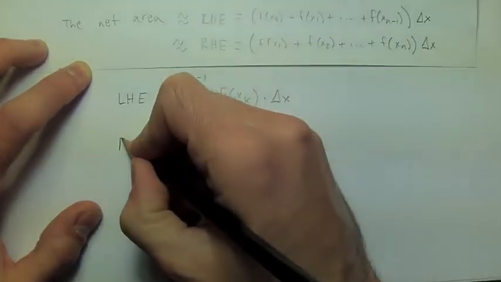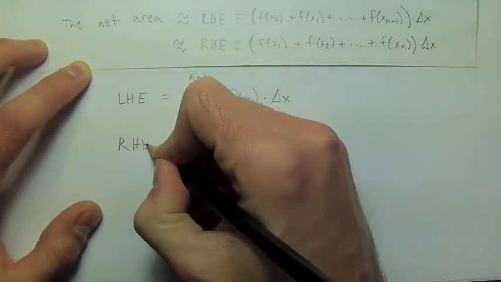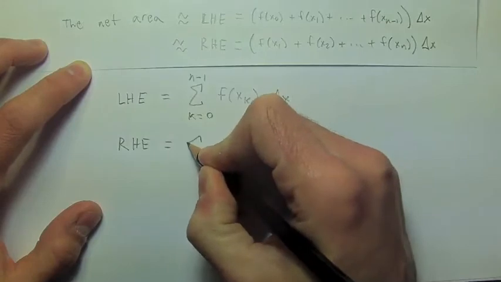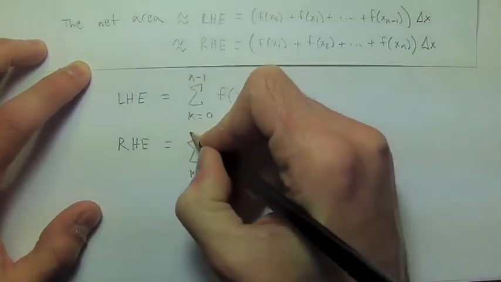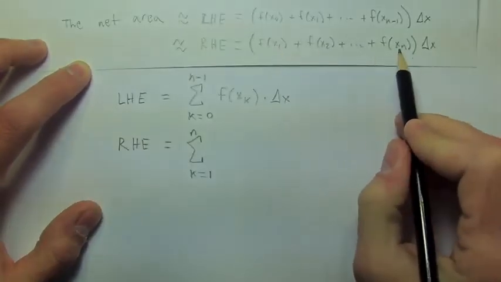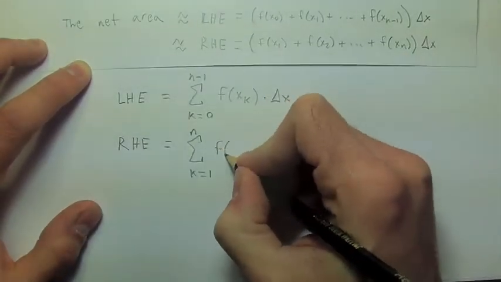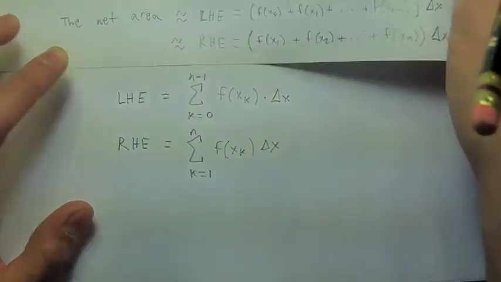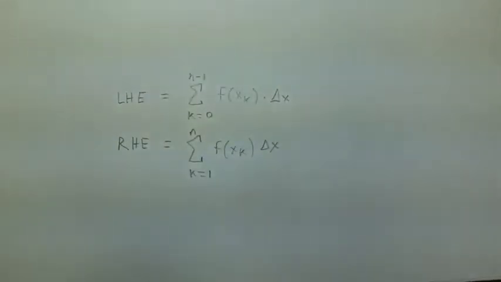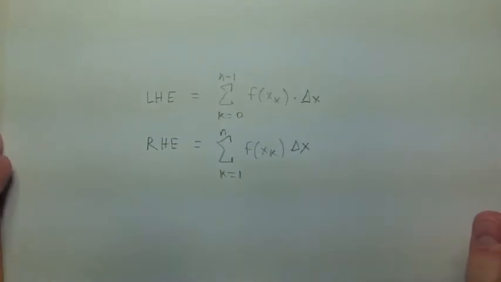And then the right-handed sum is going to be going from k equals 1 to n of these f of x_k delta x. So this is a much more compact way to do this.